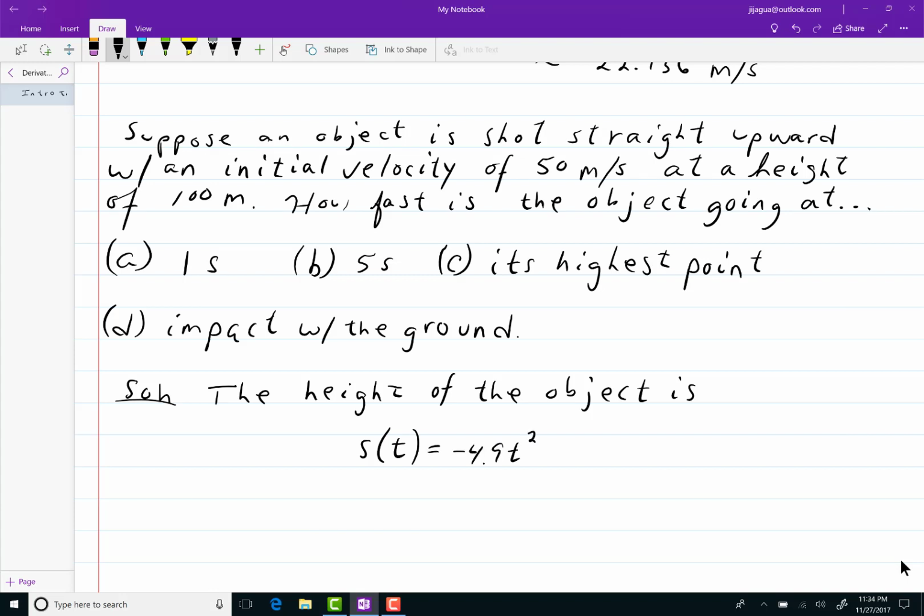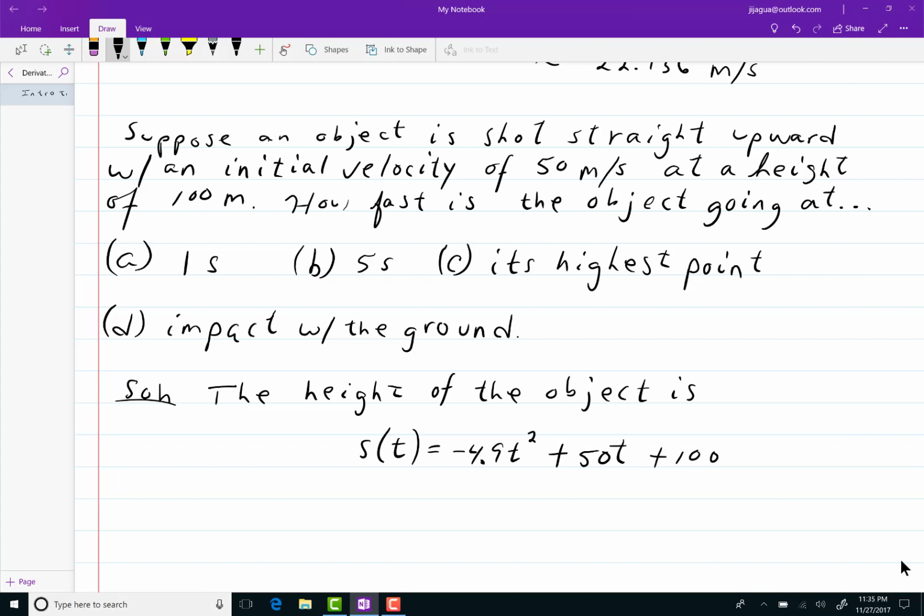Now it was shot up at an initial velocity of 50 meters per second. So since it was shot upward, that means that we have a plus 50t in here. By the way, in this course we will determine this formula. We'll show you how to create such a formula, but right now I'm just going to give it to you. It was also shot at a height of 100 meters.